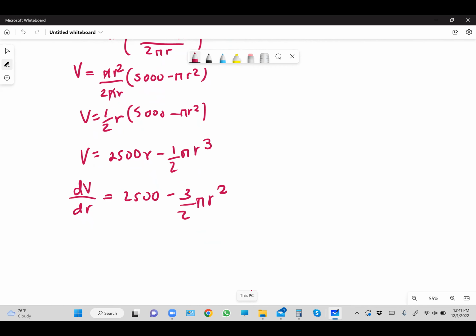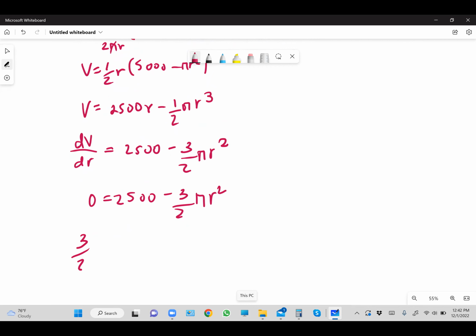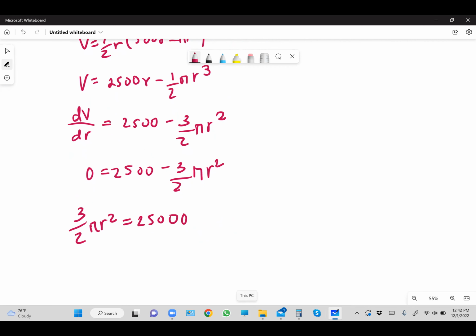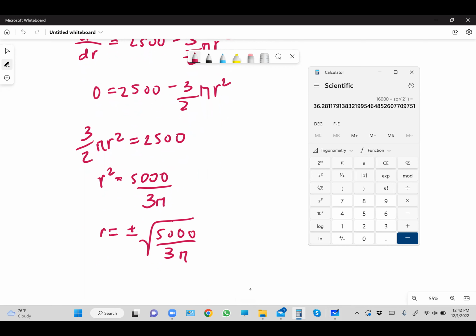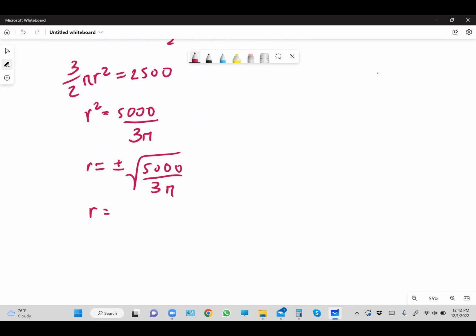When I set that equal to 0, you have that 3/2 pi R squared equals 2,500. Then R squared equals 5,000 divided by 3 pi. And then R must equal plus or minus the square root of 5,000 divided by 3 pi. I'm going to choose the positive because the negative has no meaning here.